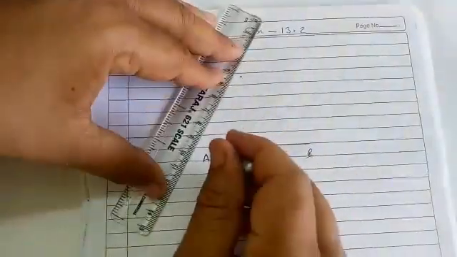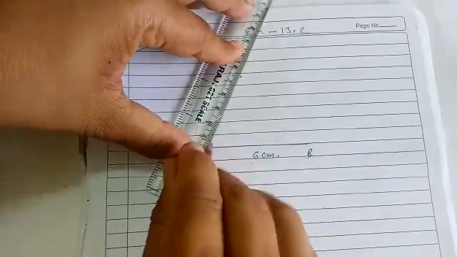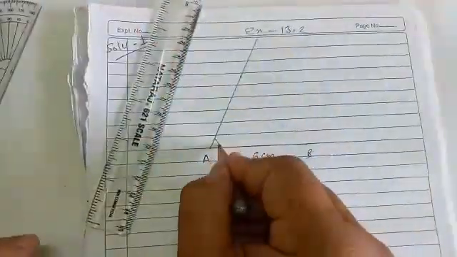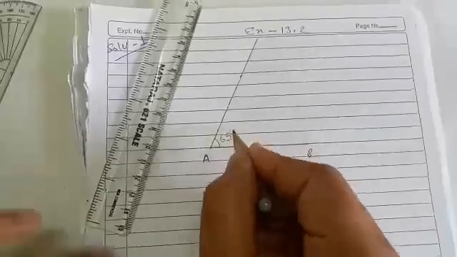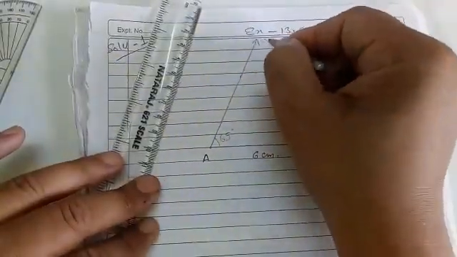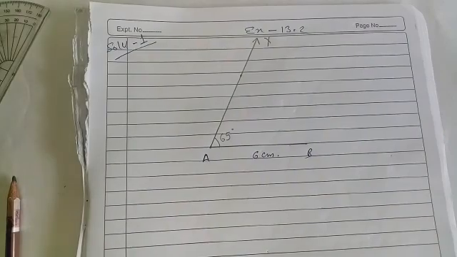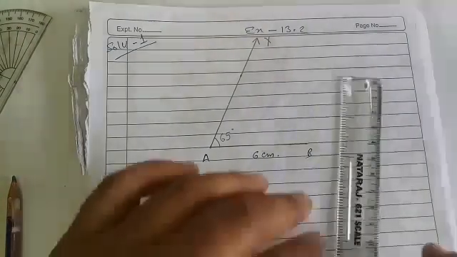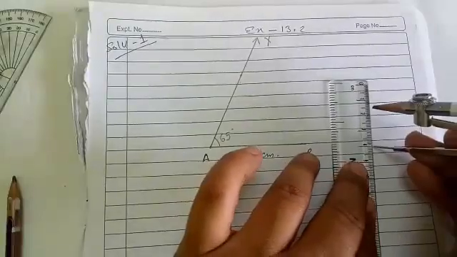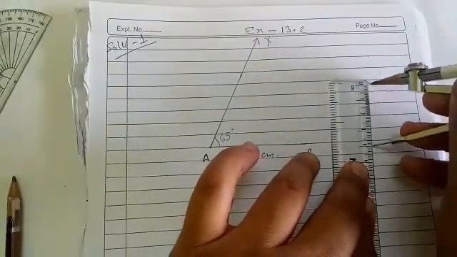I am saying the steps of construction along with the drawing. Write over here 65 degree. Name it X. Now take an arc of 4 cm because AD is 4 cm.